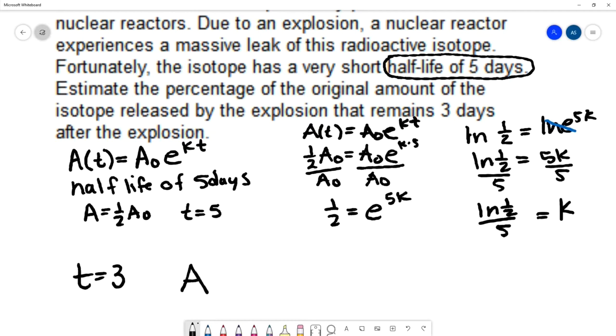So we're going to substitute a time of 3 into our formula. So we get A naught, they don't tell us the initial amount, e to the natural log of 1/2 over 5 times 3. I plugged in two things: a time of 3 days, and the decay rate that we just found.